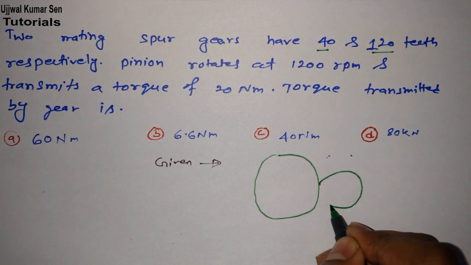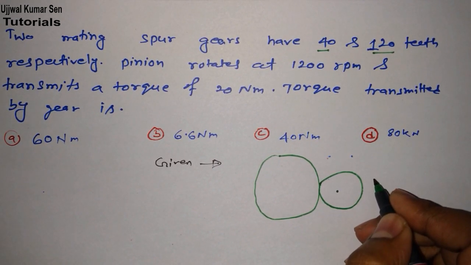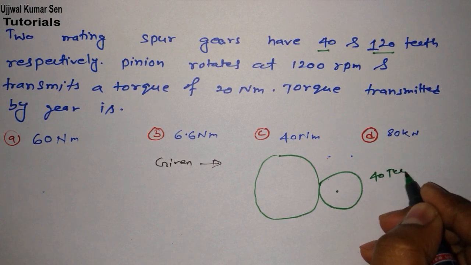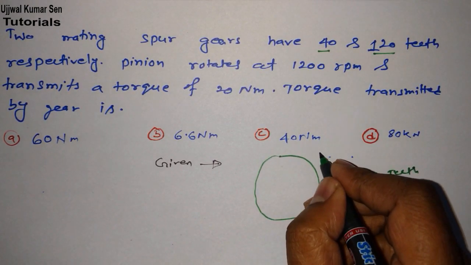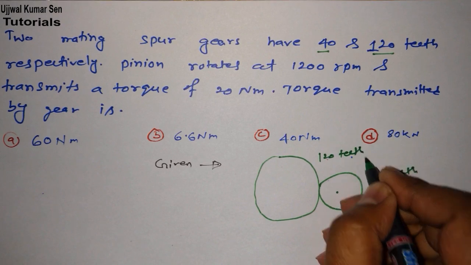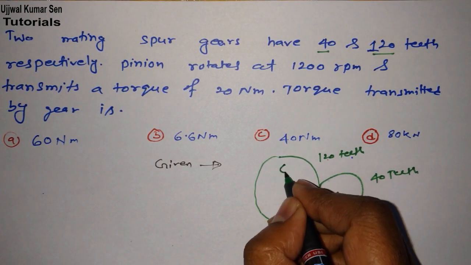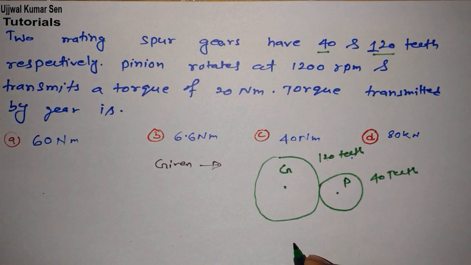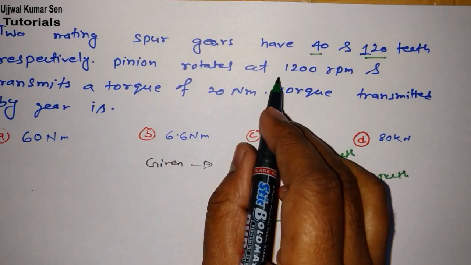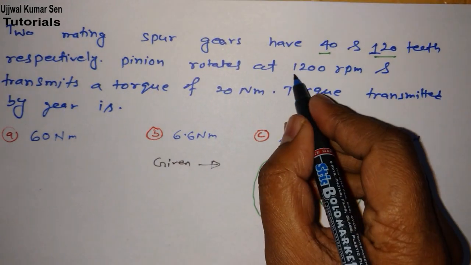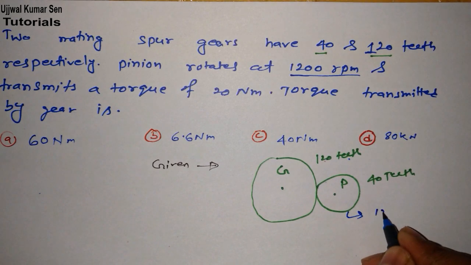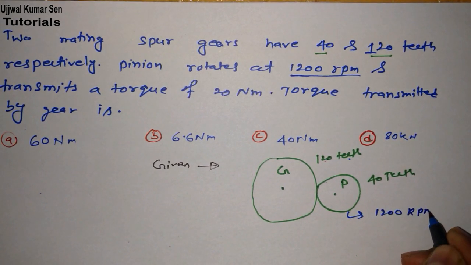Let's say the smaller one is definitely having 40 teeth, and this one is having 120 teeth. So definitely the bigger one would be called the gear, and this one is the pinion. So it states that the pinion rotates at 1200 rpm.